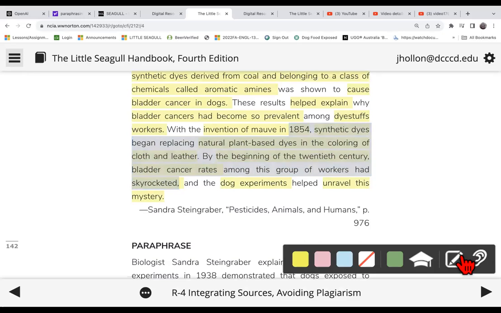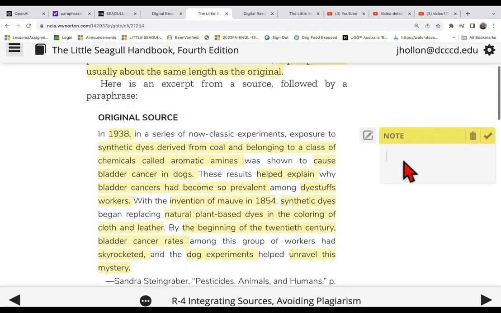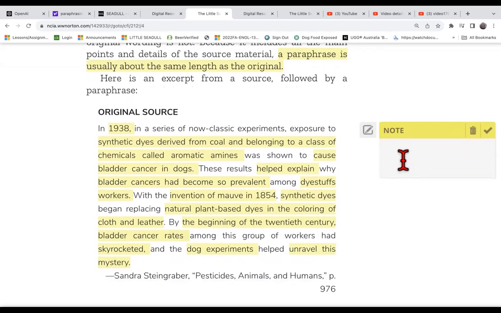I don't know if you noticed, but this pops up and it lets me make a note. So I want to say bladder cancer among synthetic dye stuffs is what it was.